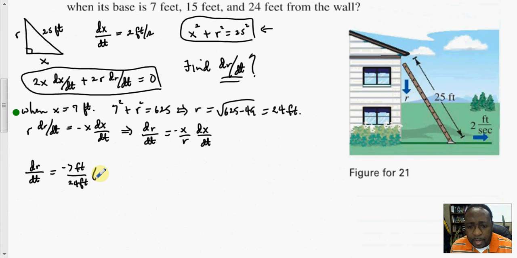And this is times the rate, and the rate there is the dx over dt, that's the 2 feet per second. All right, and so that gives us negative 7 over 12 feet per second.